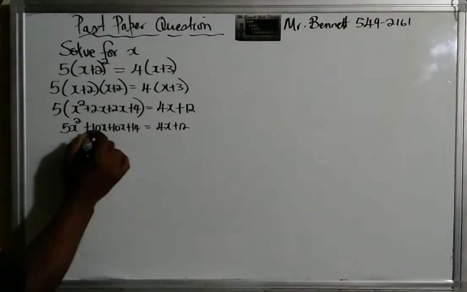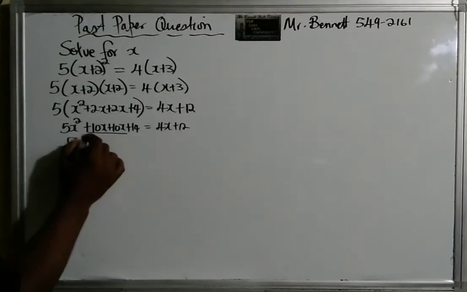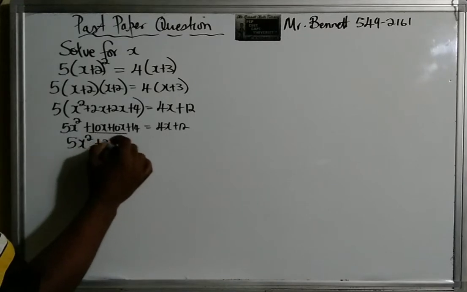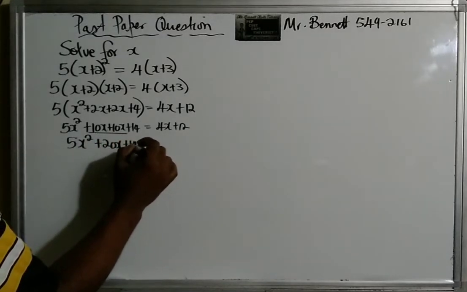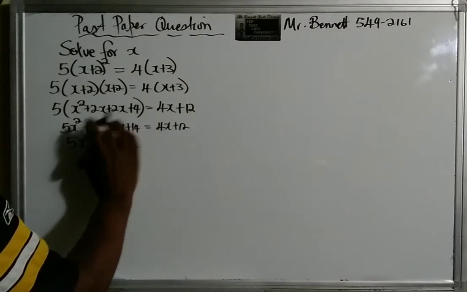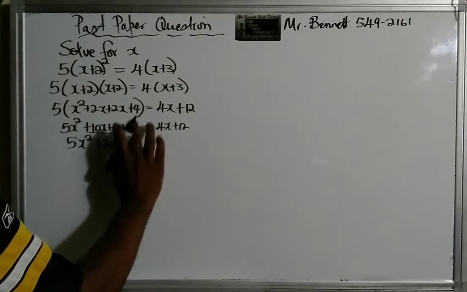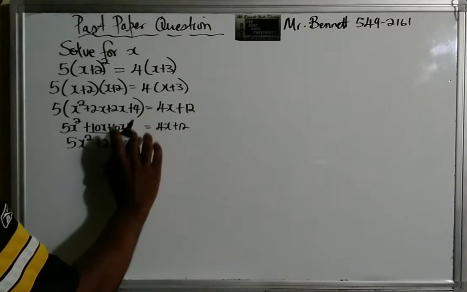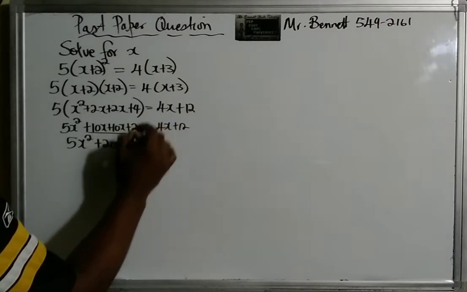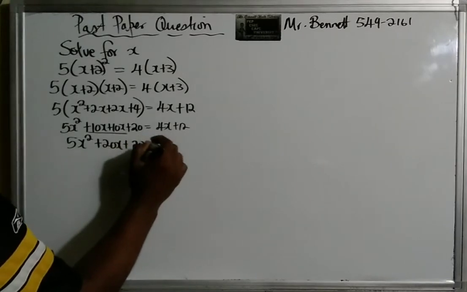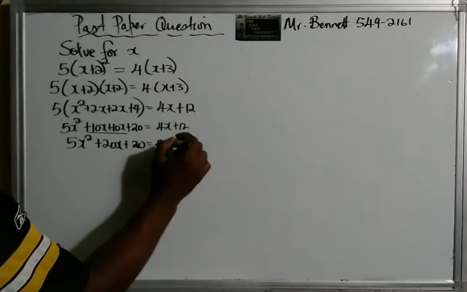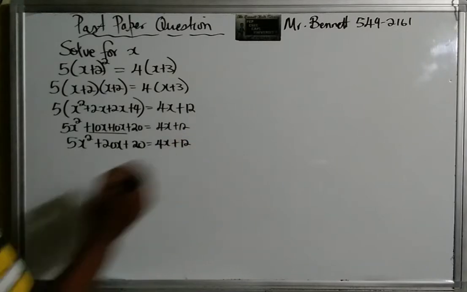These are like terms, so it will be 5x squared plus 20x plus 20. Sorry, I was wrong with the numbers there, guys. So it's 20, that is equal to 4x plus 12.